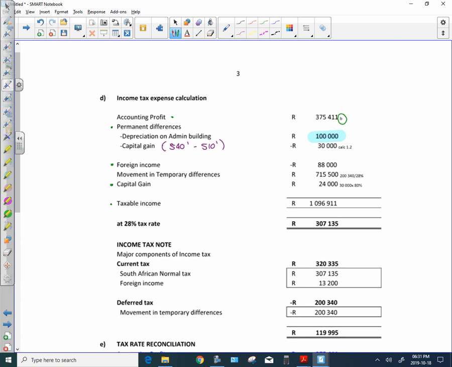So what I'm saying here is that included in my accounting profit is a profit of, or a capital profit of 30,000. SARS is not going to tax me on that capital profit at normal tax rates, but rather at capital gains tax rates. Yes?